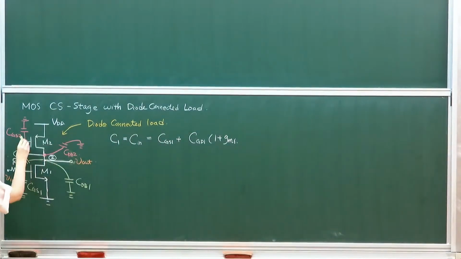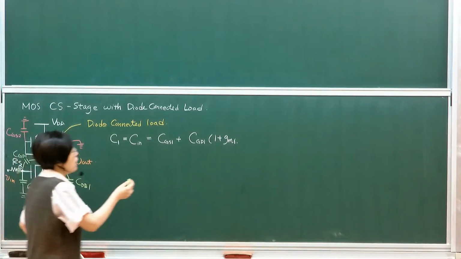When you have a diode connected, you can do the exercise on your own. It basically means that your gate is connected to drain, so whatever you're giving as the control, you're actually seeing the main current with the transconductance current.